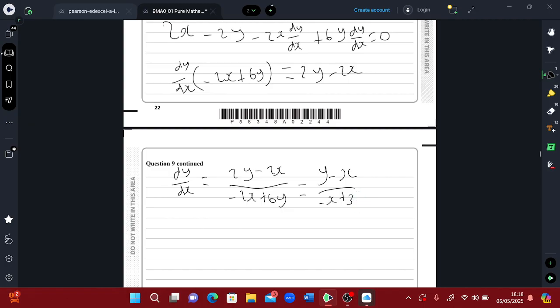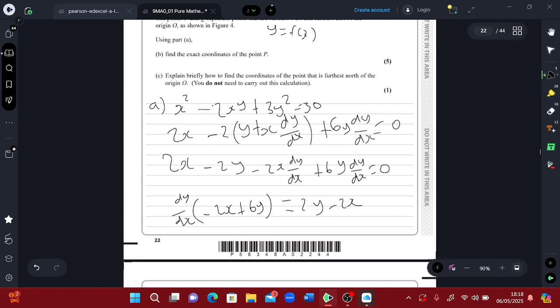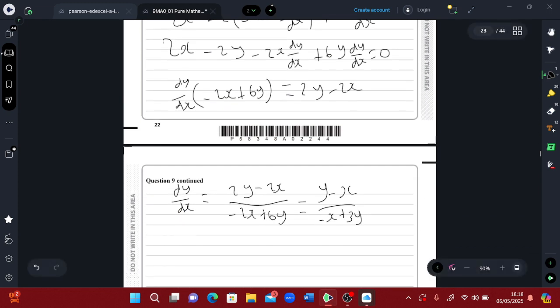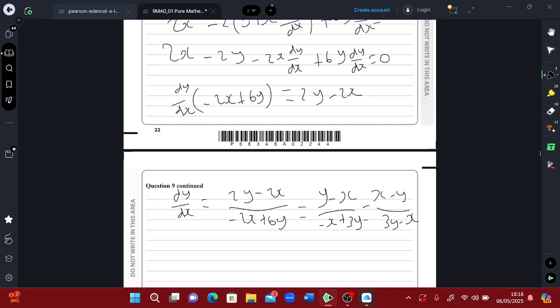Okay, so it looks pretty simplified, right? Then just go back to the question. What does it say? Y minus x over 3y minus x. So what you can do then is flip the signs by times it by minus 1 on each side. So this is the same as x minus y over 3y minus x, which to confirm is what they wanted.